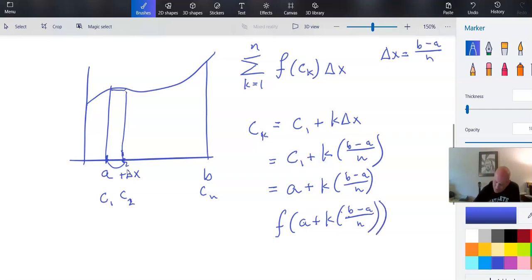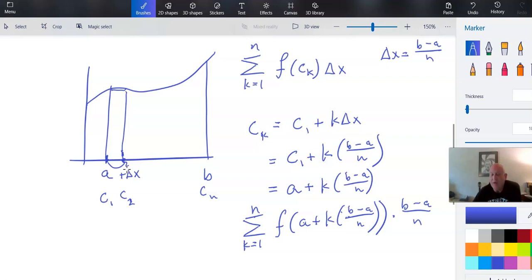That's getting ugly, isn't it? And then times your delta x, so that's again times b minus a over n. Remember that b, a, and n are all just numbers. So when you put numbers in here, it collapses a lot. And the sum is from k equals 1 to n.